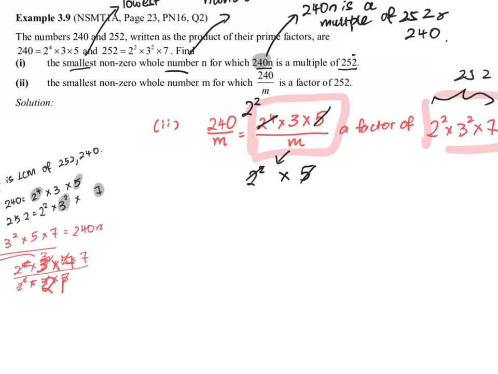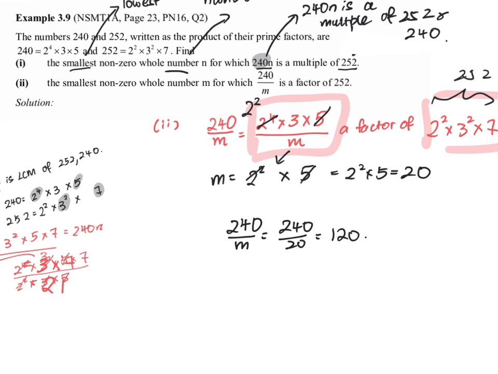So if m is equal to 2 power 2 times 5, which is equal to 20, you can see that 240 over 20 will be 12.